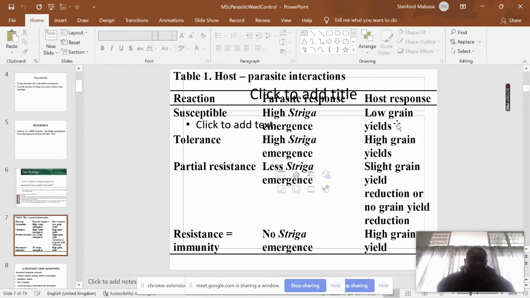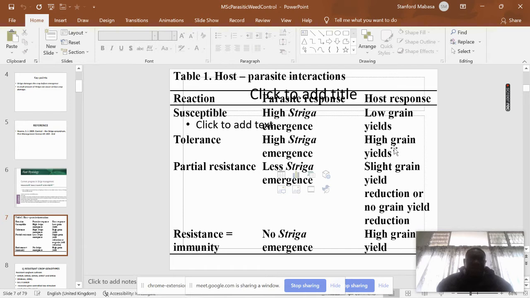If the genotype gives tolerance, it can also support high striga emergence, but it can produce high grain yields. So if we have tolerance, we should come in and probably prevent the striga seed production. Otherwise, tolerance may promote a lot of striga seed banks.